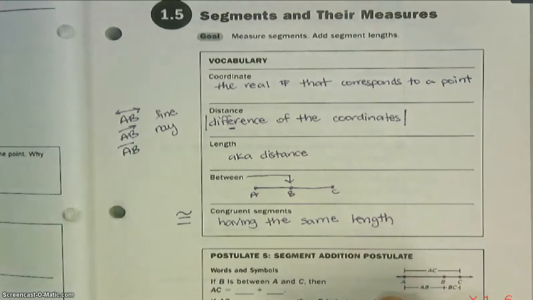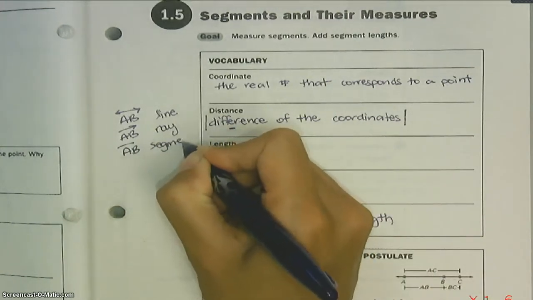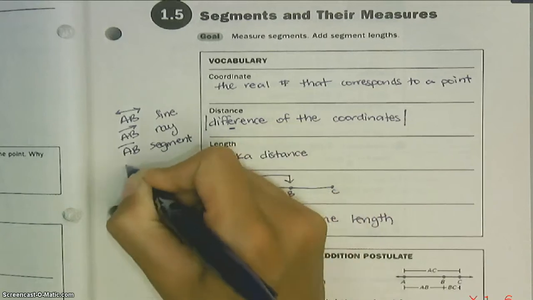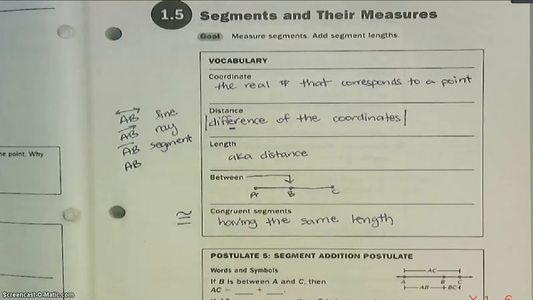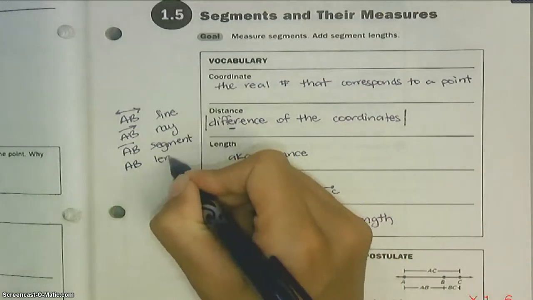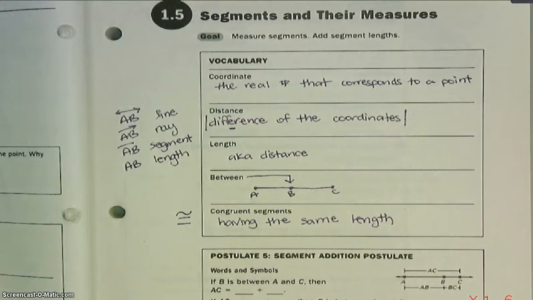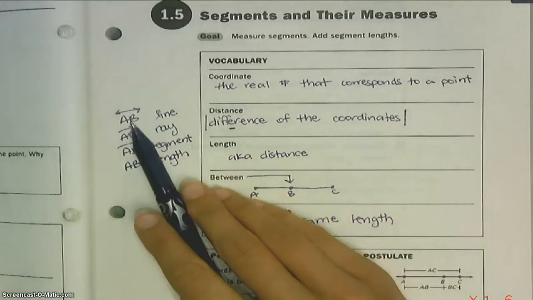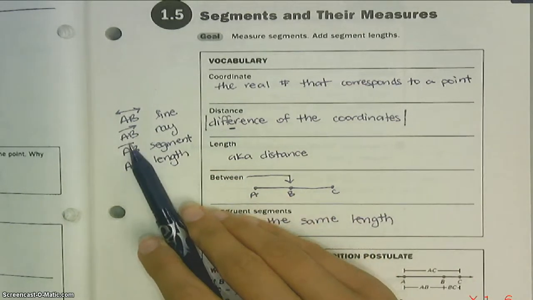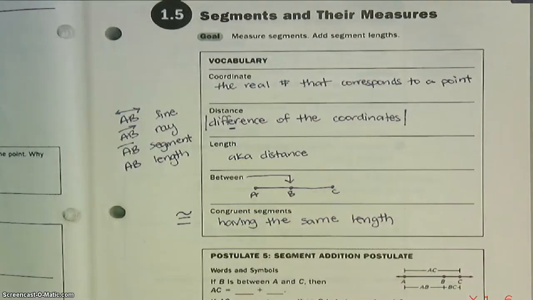This is a segment. Now, if I put nothing above it, that stands for length. I'm asking you to find the length from A to B. So line, ray, segment, and nothing above it means length.